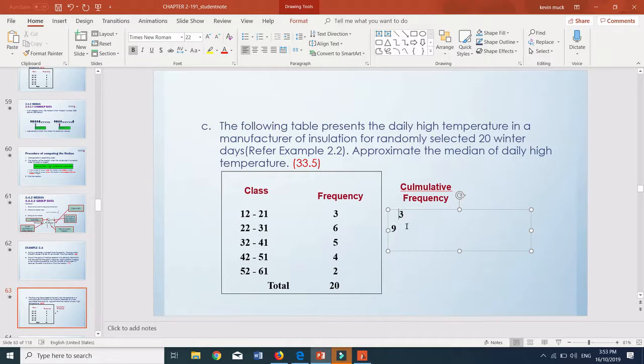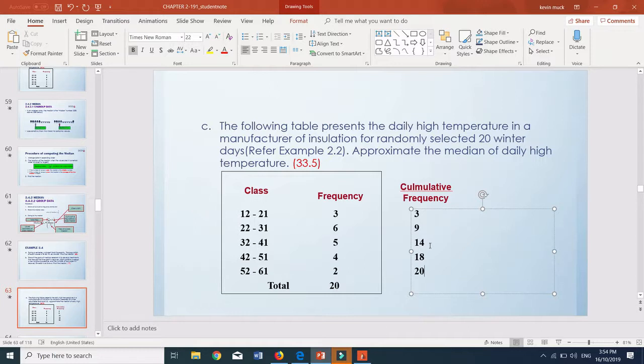Do you know how I get the cumulative frequency? Because I sum it up together, right? I get 14 because I have 9, I add 5. This one I get 18, and this one I get 20. All right, this is the cumulative frequency.